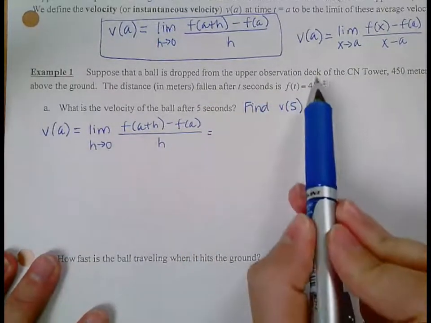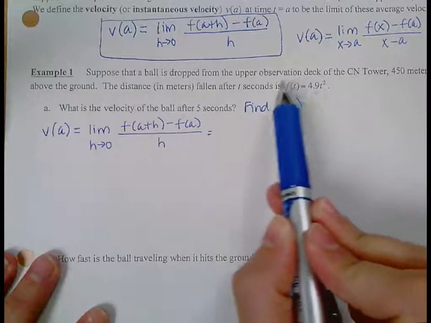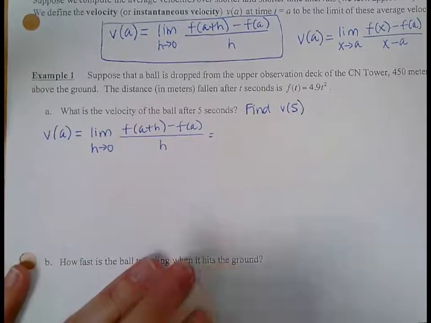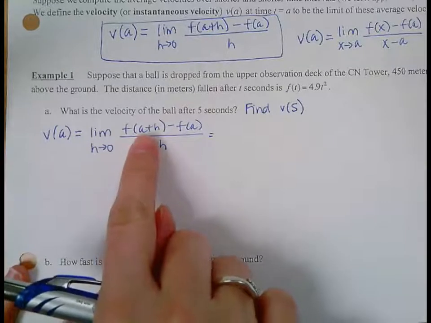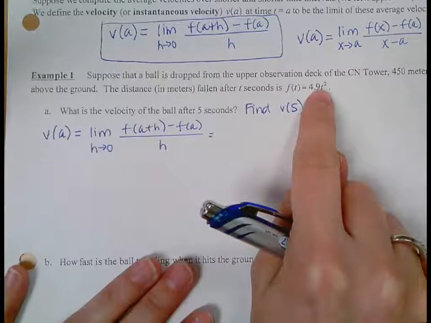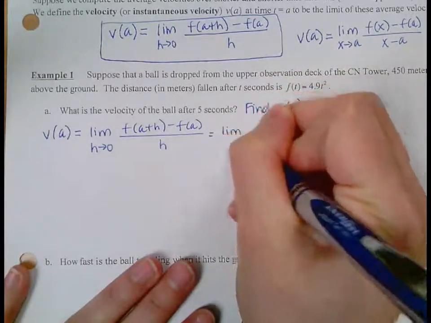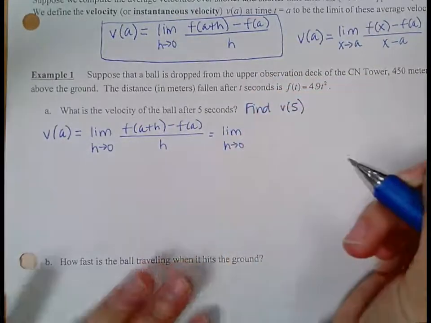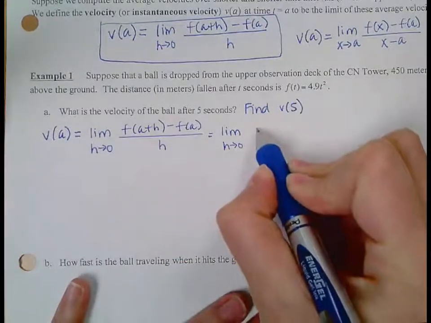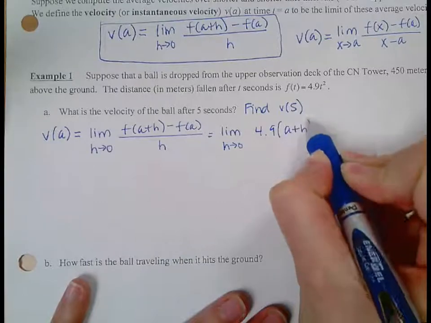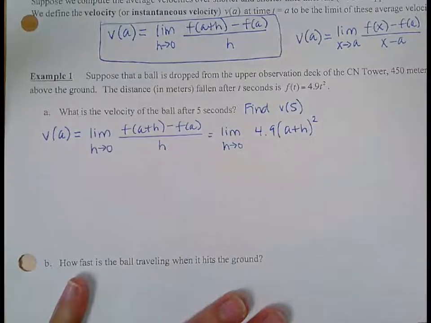And I have my function, f of t is 4.9 t squared. So f of a plus h is replacing the t with a plus h in the function. So I have the limit as h approaches 0 of 4.9 times the quantity a plus h squared.